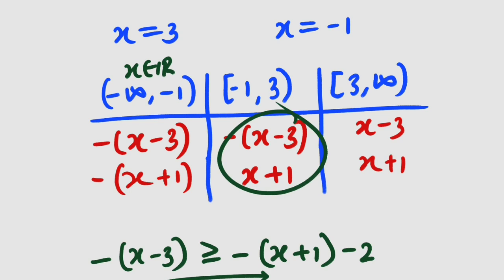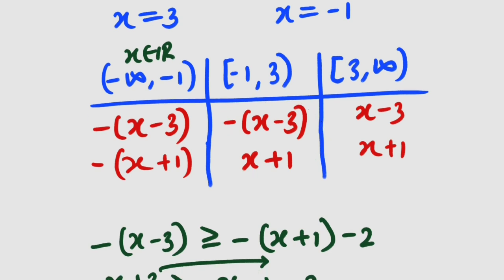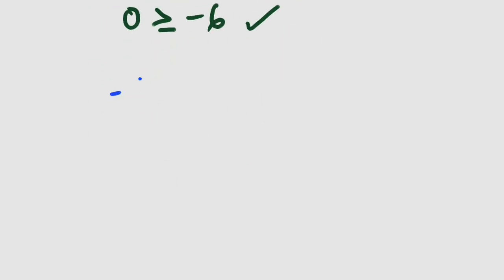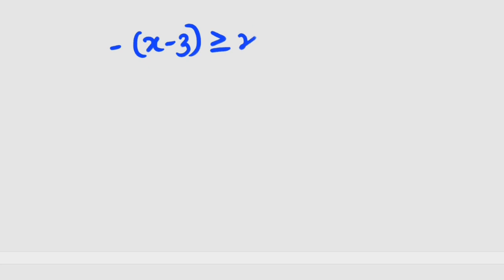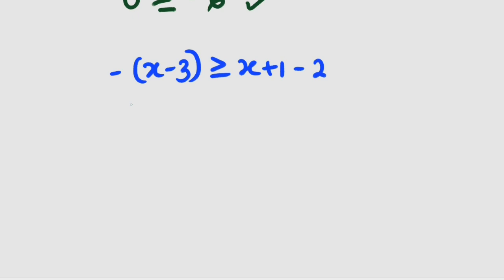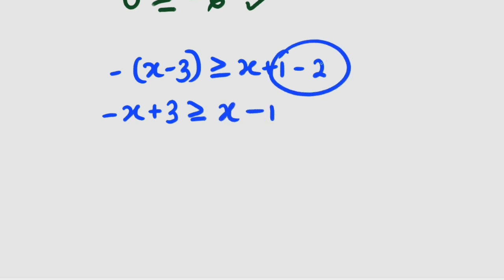So now let us take the second condition here. Negative of x minus 3 is greater or equal to x plus 1. Then remember, we still have minus 2 in the end. Let's expand. We have negative x plus 3 greater or equal to x minus 1, because 1 minus 2 is minus 1. Let us collect the like terms. As you bring this one to the left hand side, it becomes negative.